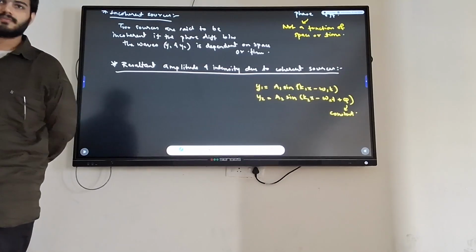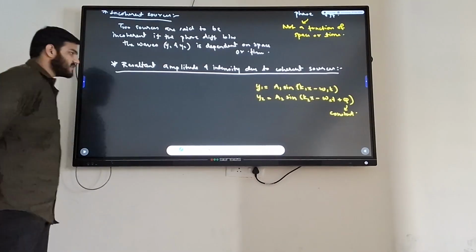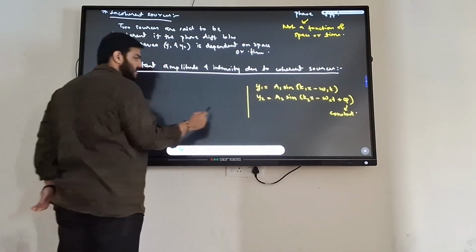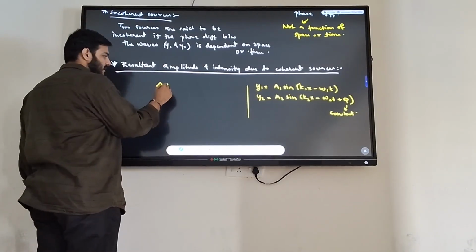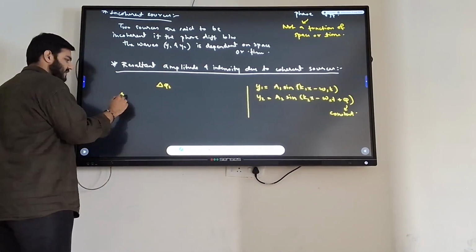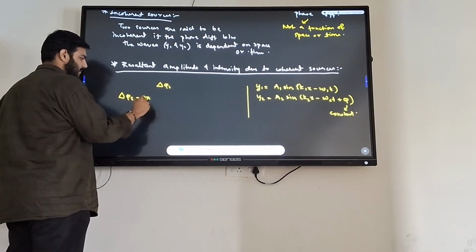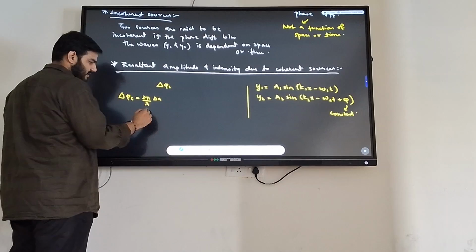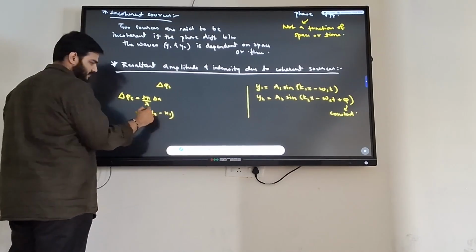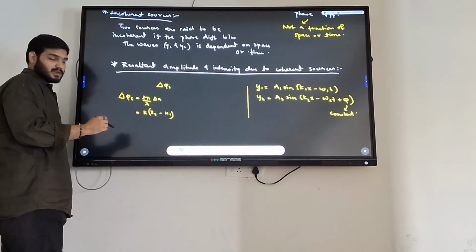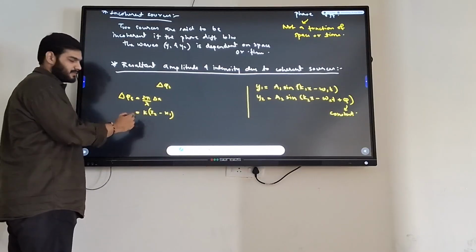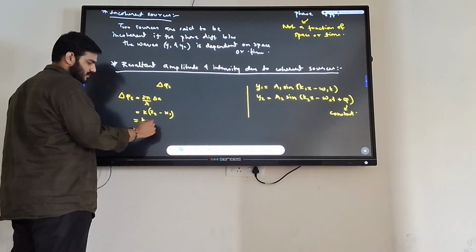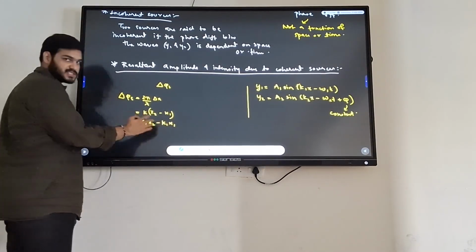No? Let's see. What is the general definition of delta phi s, by the way? I gave you this definition that delta phi s was 2 pi by lambda delta x, but this was k into (x2 minus x1) basically. If you don't have the k same, then you can write k2 x2 minus k1 x1. This is more general actually.